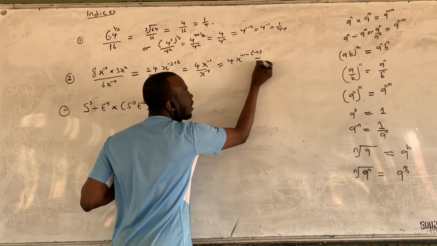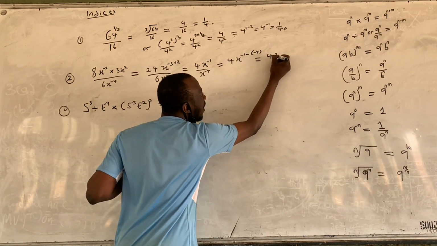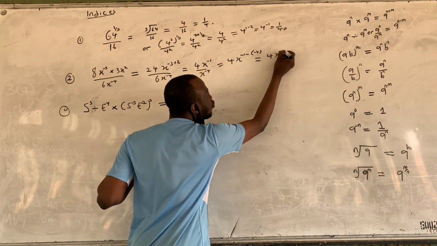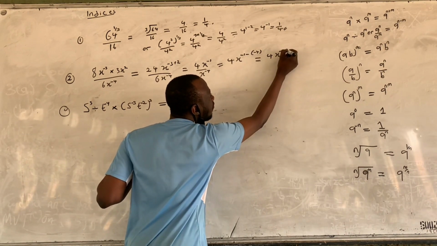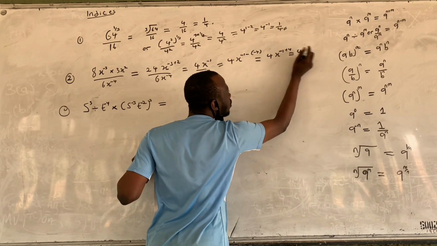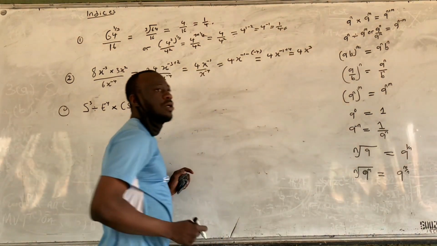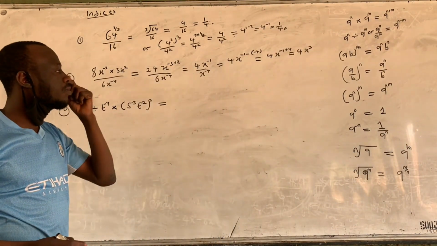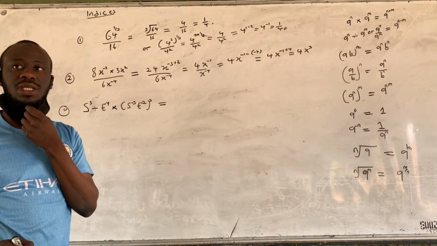We have 4x to the power of minus 1 minus minus 4, which is minus 1 plus 4, which is 3. So this is the final answer for that question.